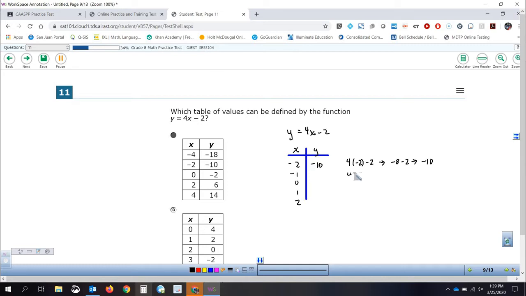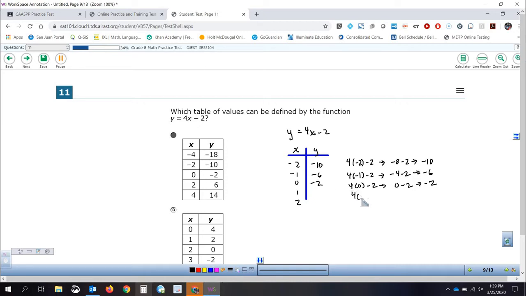And then if I did the same thing, except this time putting in -1 for x, that would give me -4 minus 2, which is -6. When I put in 0, 4 times 0 minus 2 is 0, take away 2, which is -2.